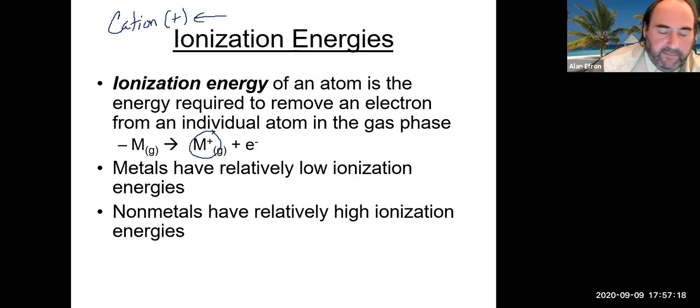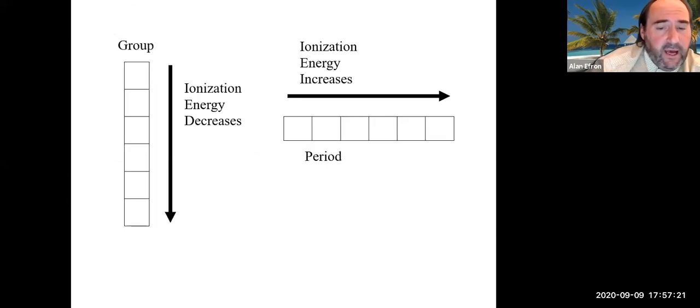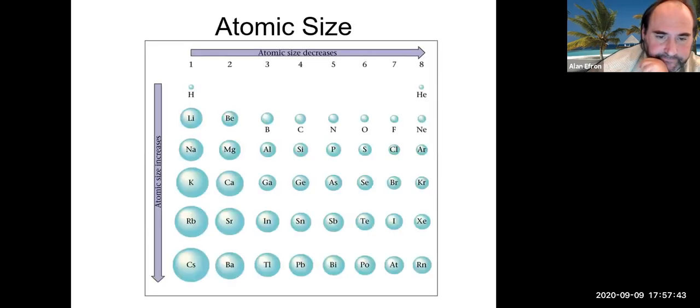So when we look at the periodic table in terms of the trend, up and to the right, the ionization energy increases, and left and down, the ionization energy decreases. And again, remember that up and to the right on the periodic table is where we see nonmetals. Left and down is our metals. So again, that makes sense.